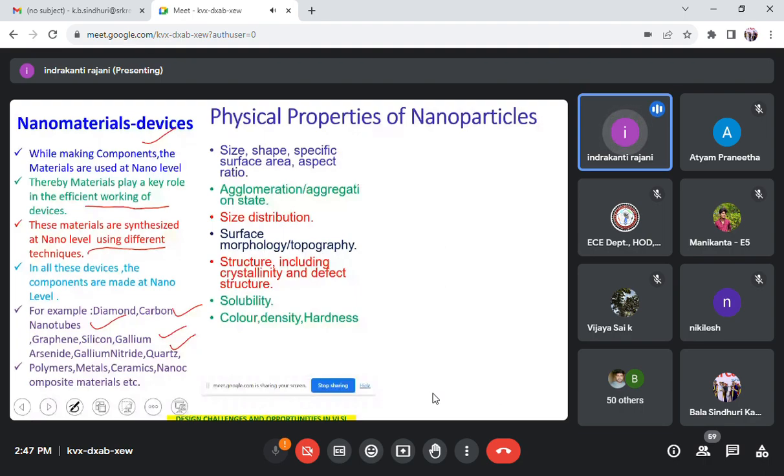Hardness is one area which is a very important aspect, because in the nanomaterial, you can make it able to operate in all kinds of environmental conditions. Melting and boiling point can also be controlled. These kinds of properties are helpful in the VLSI design.